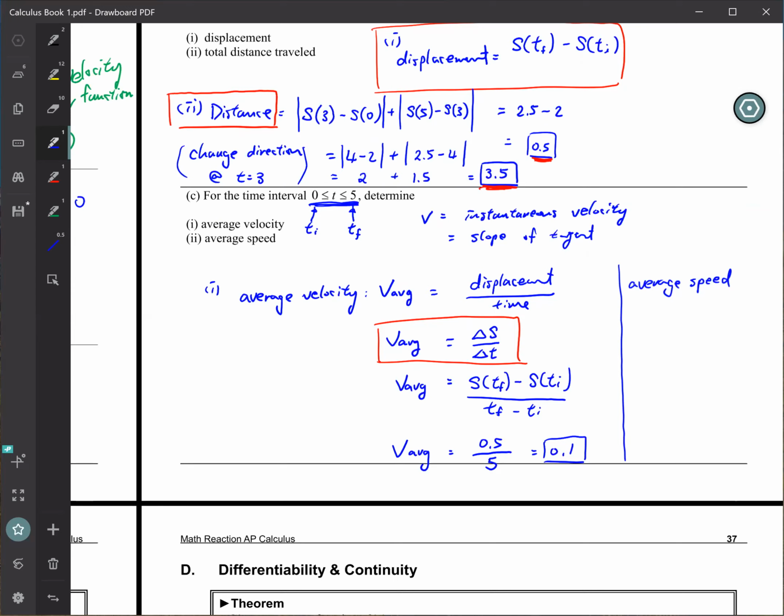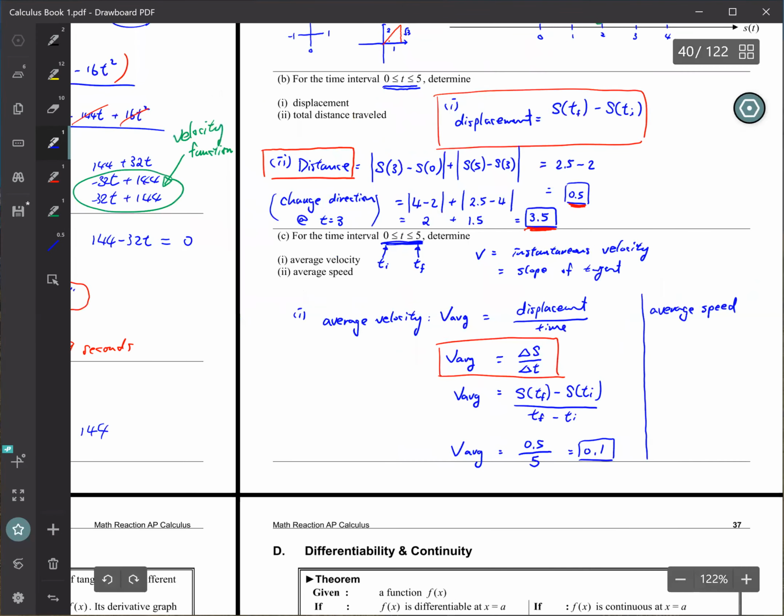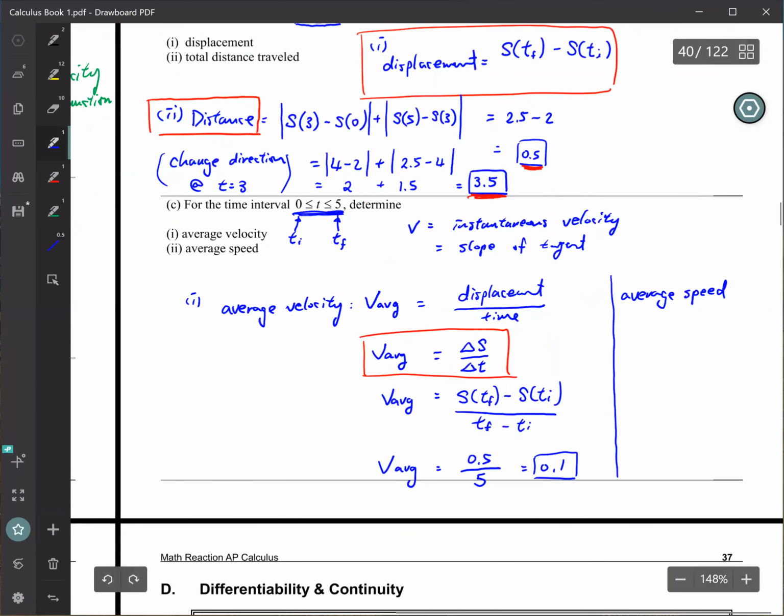So we are not using displacement, right? Instead of displacement, it will be distance over time, okay? And there's no special symbol for this, so we just write it in words. So it'll be distance over time. Okay, so in this example, it will be 3.5 over 5 seconds, which is 0.7.